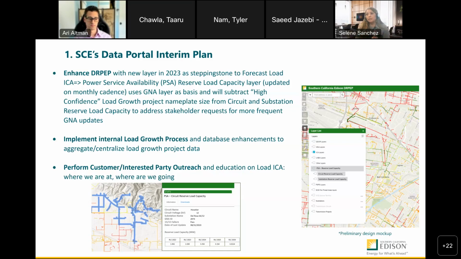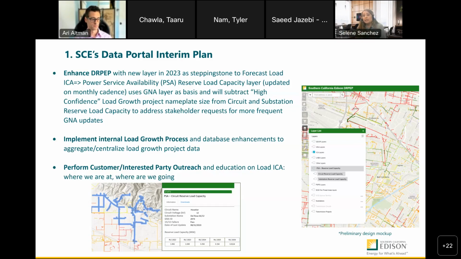And what we're planning to do is, utilizing the GNA information, subtract high confidence load growth projects and then provide the corresponding amounts to help our load interconnection customers at this point in time provide further information in terms of how much reserve load capacity we have at the circuit level and then at the substation.